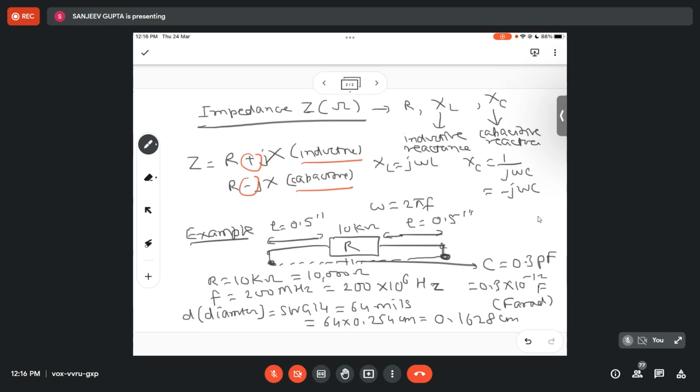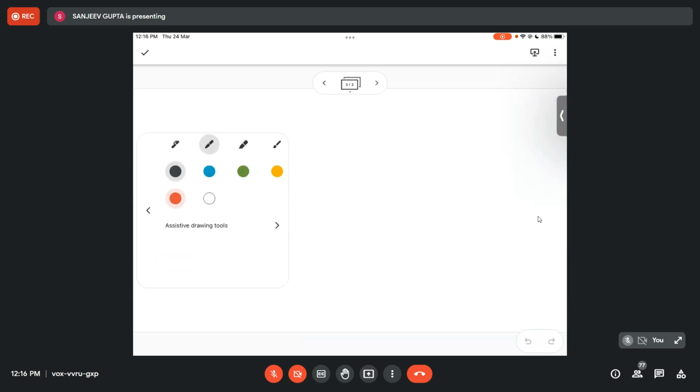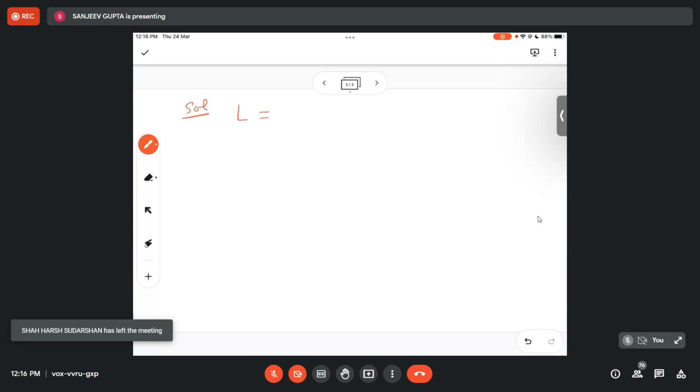Now typically, if I want to solve this problem, we use a standard formula for inductance. Again, no need to remember this. Some things are not to be recalled, but it is available in most books as an appendix.